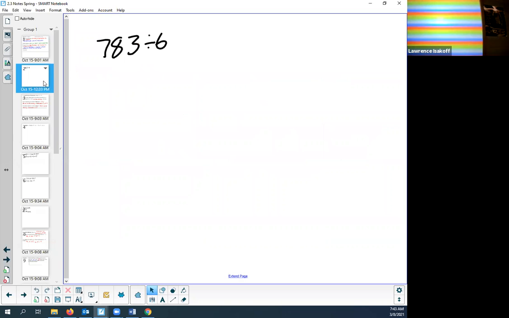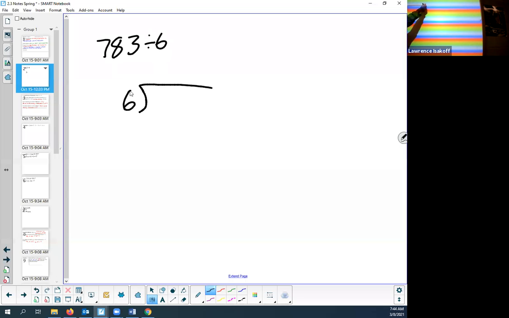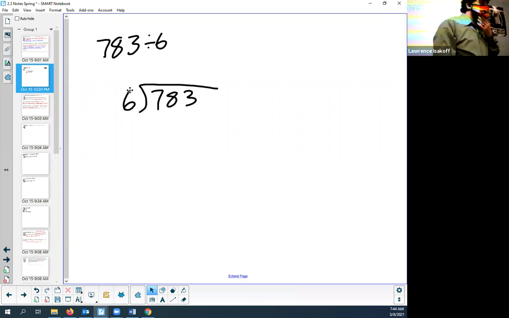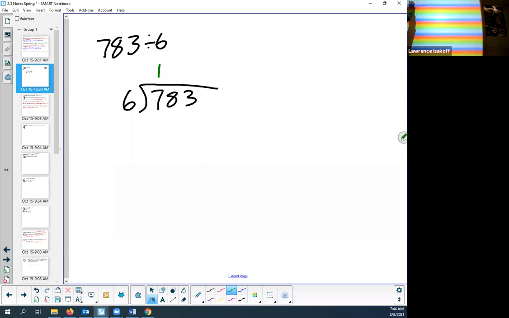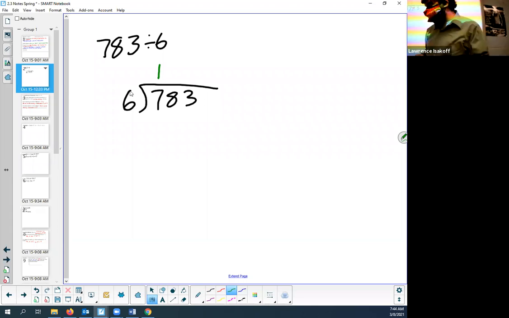So let's look at the idea of division. When I'm dividing, the 6 goes on the outside, the 783 goes on the inside. If you recall from regular division, how many times does 6 go into 7? Good, once. So I put a 1 up here.